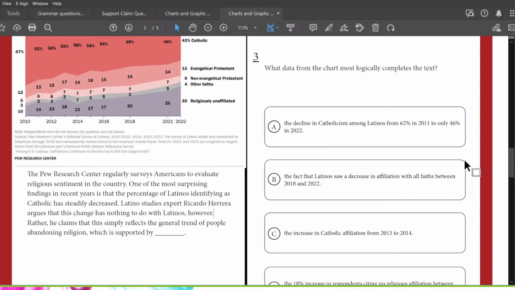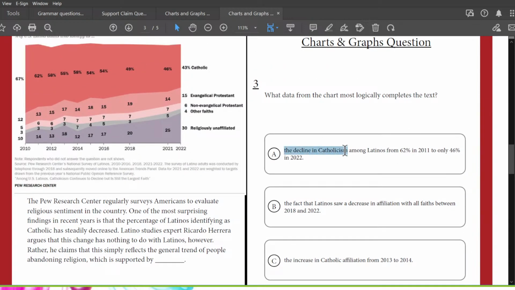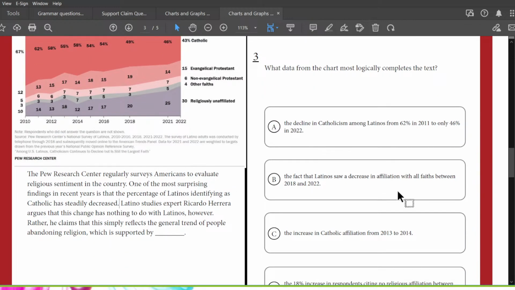So looking at my options, decline in Catholicism among Latinos from 62% to 46%, that's not going to be the right answer, because that's essentially what they said already here, and that doesn't really go with what he's trying to say. The fact that they saw a decrease in affiliation with all faiths between 2018 and 2022, that could work. Because if they're leaving all the faiths, not just Catholicism, that could be a good answer.